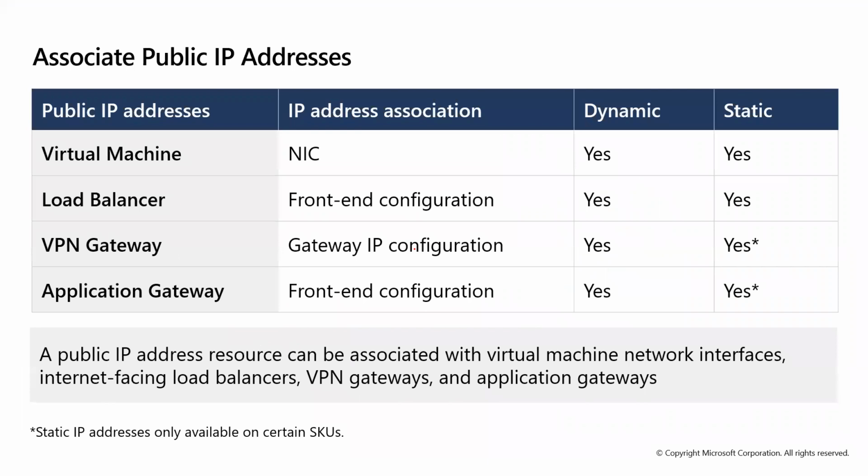Right. So what are those resources that use public IP addresses? Virtual machines require public IP addresses. Apart from virtual machines, what are those resources that require public IP addresses? So a virtual machine uses a public IP address, but what on the virtual machine will use the public IP address?